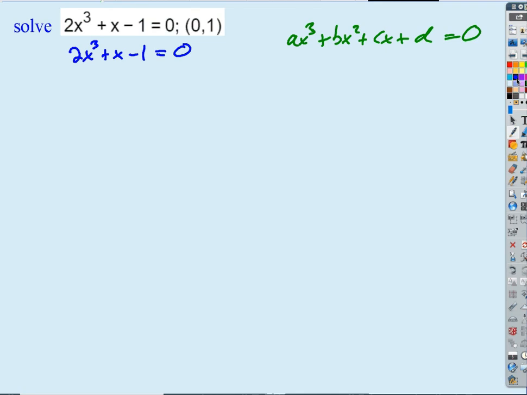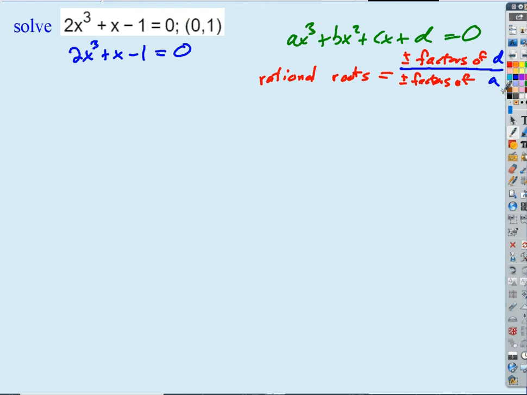The rational roots are always going to equal the positive and negative factors of the constant, in this case d, divided by the positive and negative factors of a, right? So they're always going to be built from factors of the constant divided by factors of the leading coefficient, right?